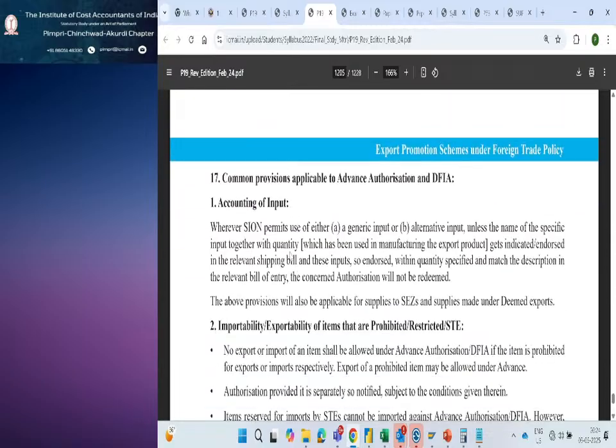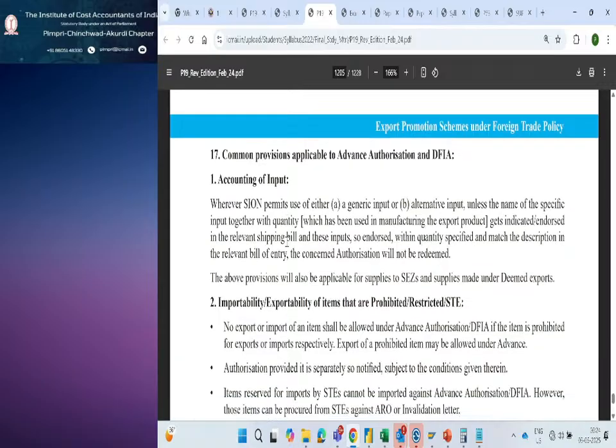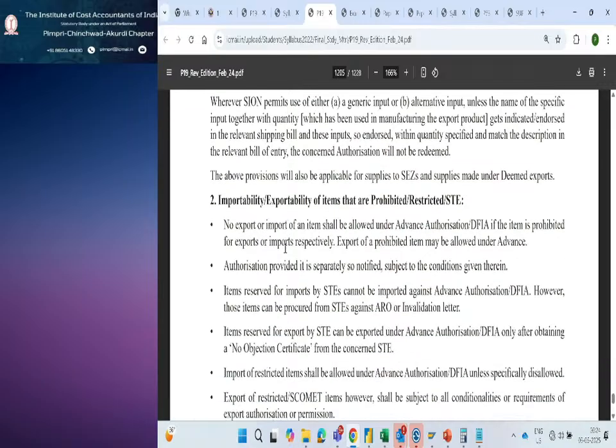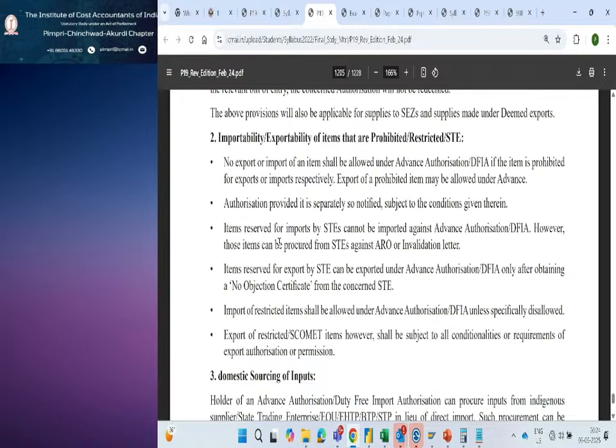So these are the common provisions. It is not required that you remember everything. Please remember the major ones, like the export items already restricted. You are not eligible to get the license. The items which are already reserved for imports cannot be imported against advance authorization.